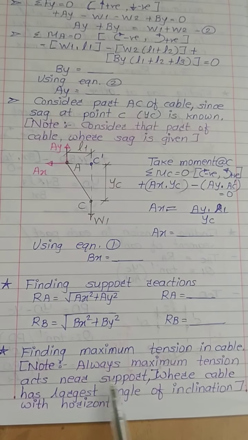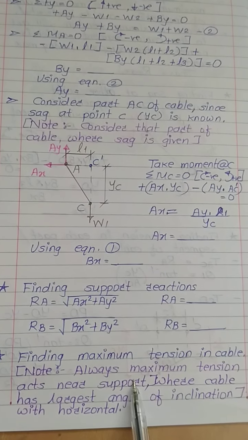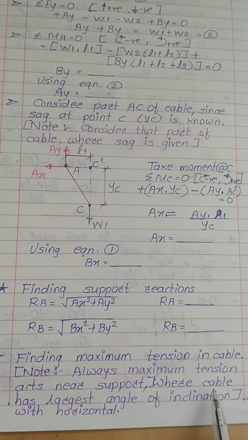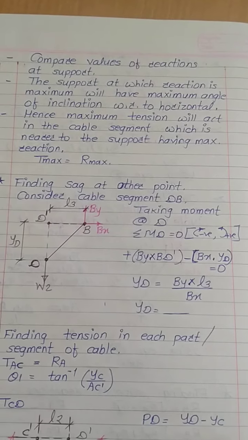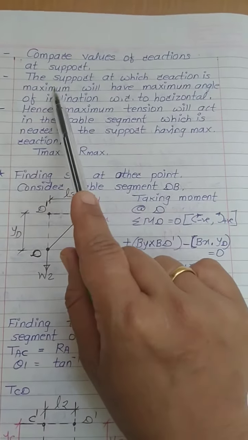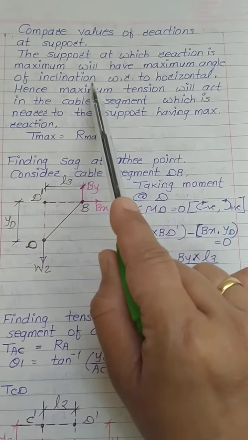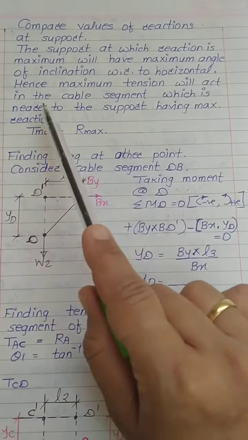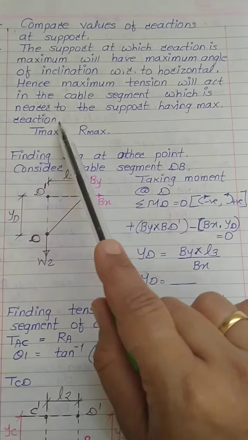Whichever reaction is maximum, the maximum tension will act at that point, and there the angle of inclination with respect to horizontal will be larger. So compare the values of reactions at the supports. The support at which the reaction is maximum will have the maximum angle of inclination with respect to horizontal. Hence, maximum tension will act in the cable segment nearer to the support having maximum reaction.